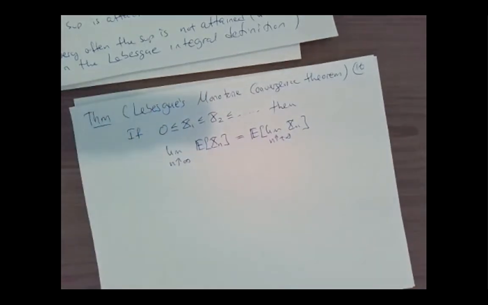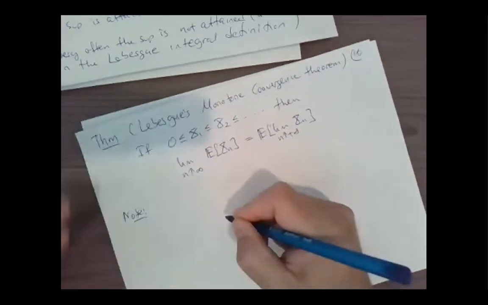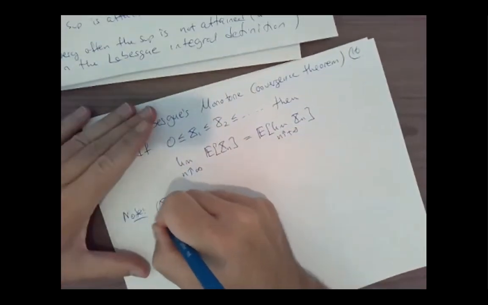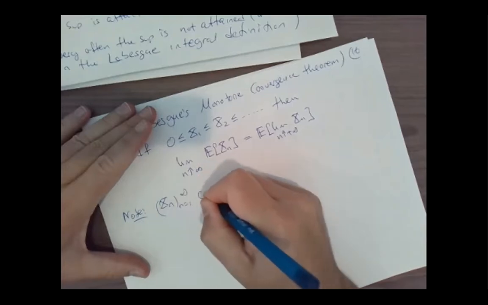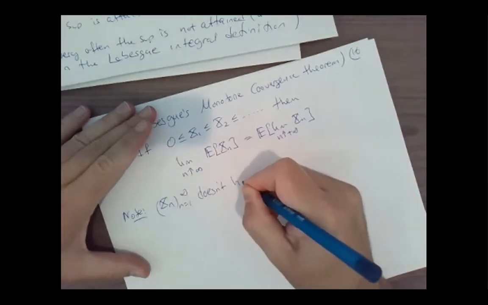And this was the property that we wanted. So here, this is just a note: the X_n's, that sequence, does not have to be simple.